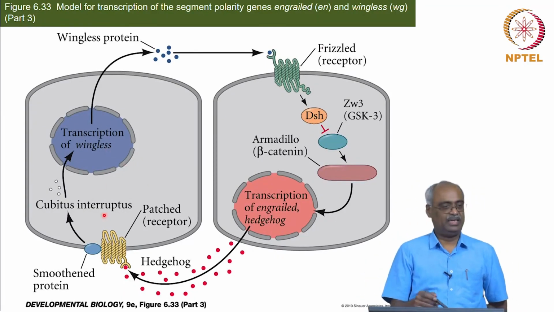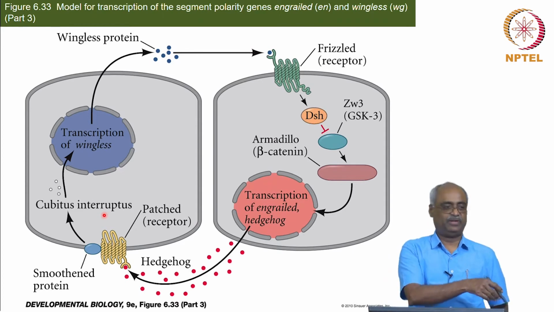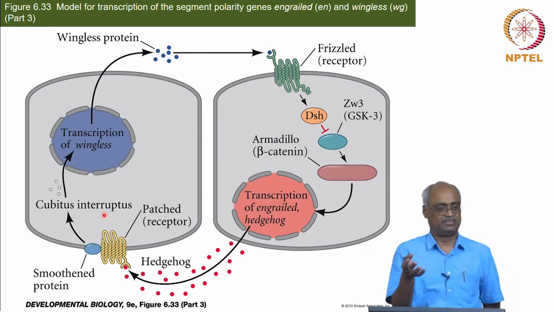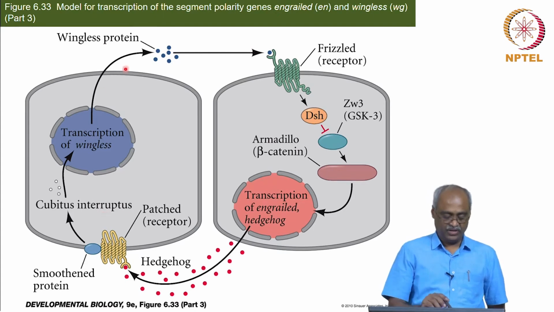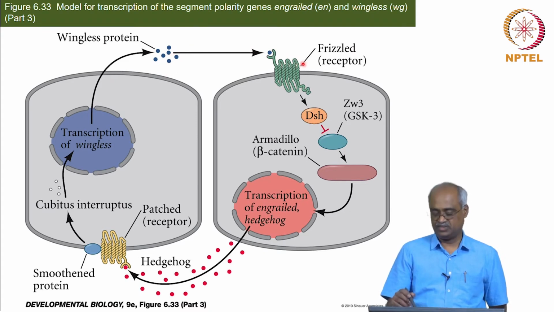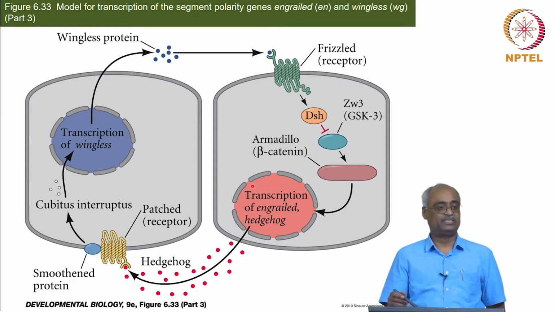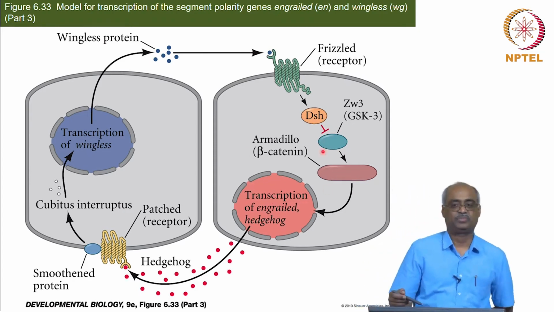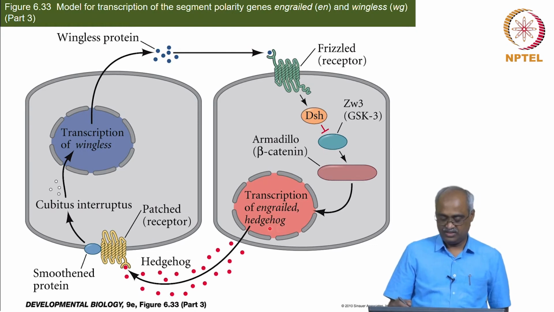Wingless, initially activated by the absence of FTZ or even-skipped and instead presence of odd-skipped and so on, is a secreted signaling molecule. It binds to the adjacent cell which is expressing engrailed, and that engrailed-expressing cell usually produces the frizzled receptor. Therefore, this wingless signal is transduced, and that turns on 2 genes. One is engrailed itself, so this cell remains an engrailed-producing cell. In addition, it also produces hedgehog.